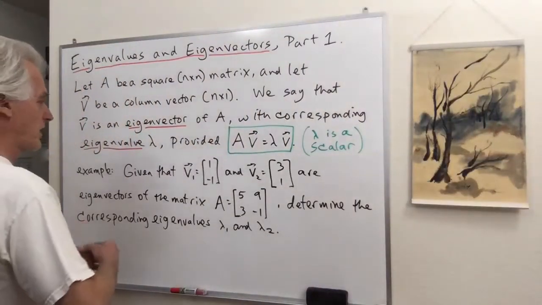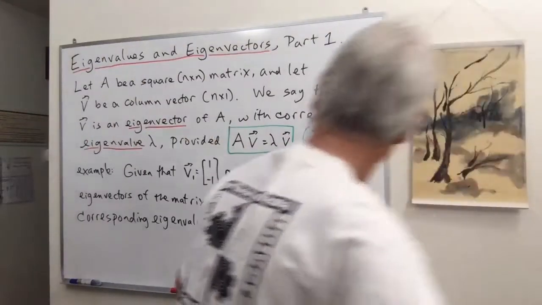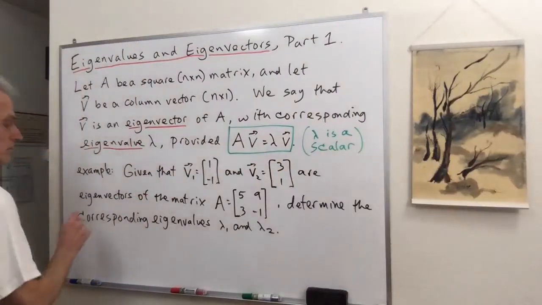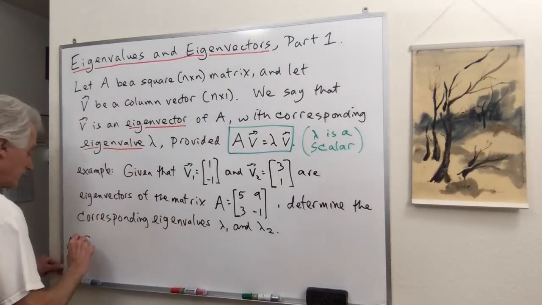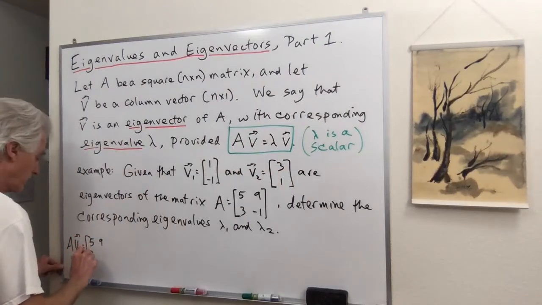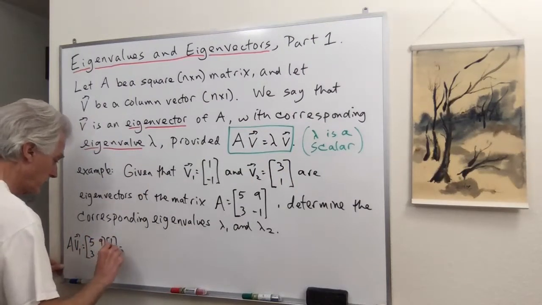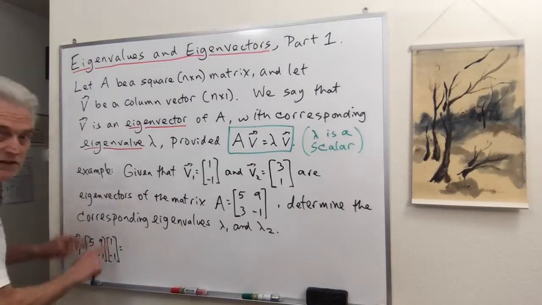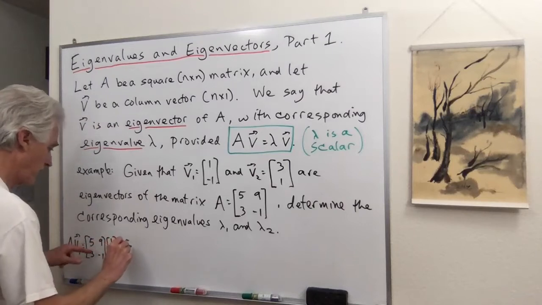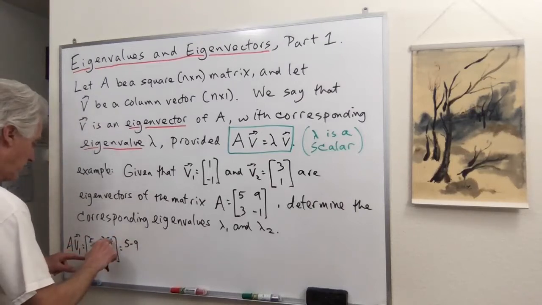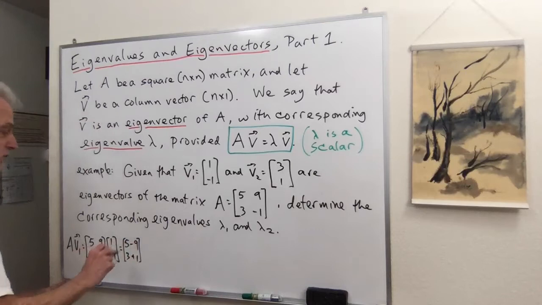All right. So let's just do it. AV1 is [5, 9; 3, -1] times (1, -1). So I'm going to do my thing where you have to use your fingers to multiply, and I'm going to get 5 minus 9, 3 plus 1. So I don't want to do too much in my head.